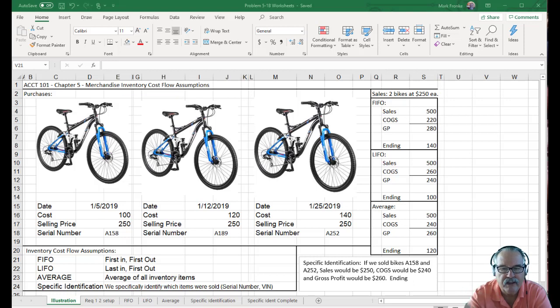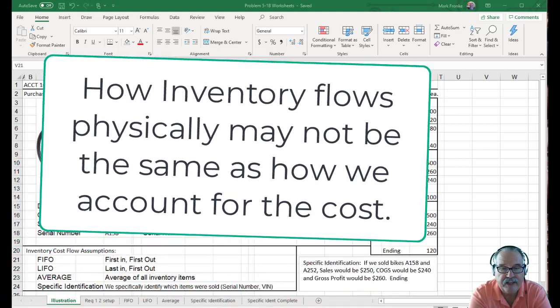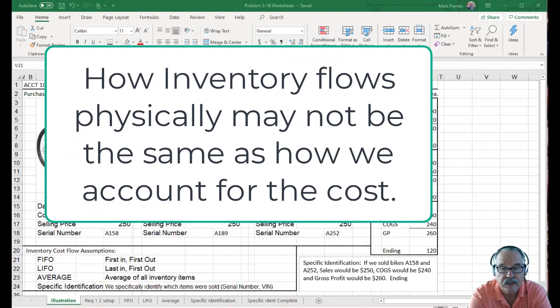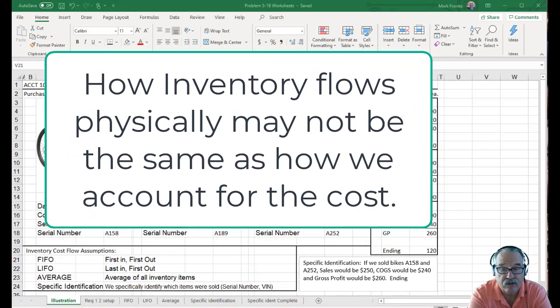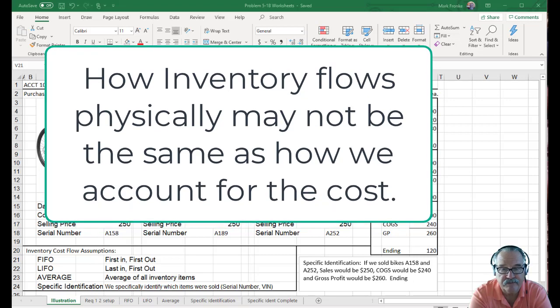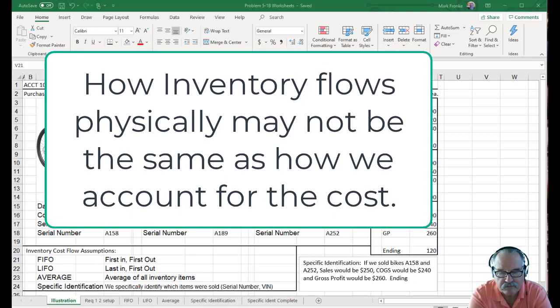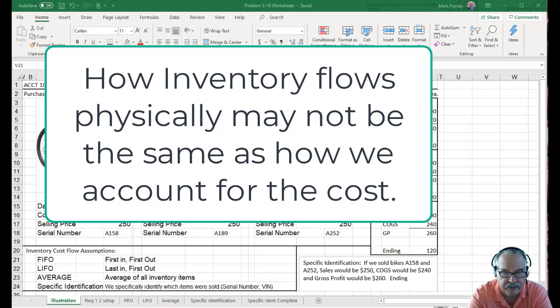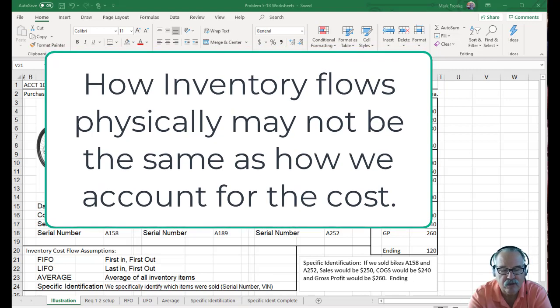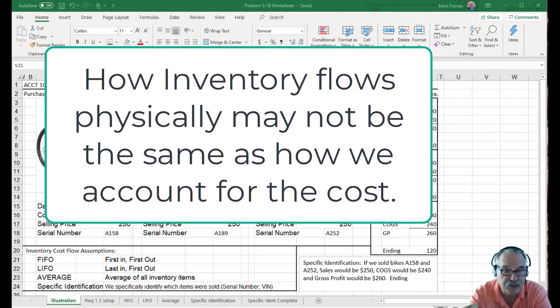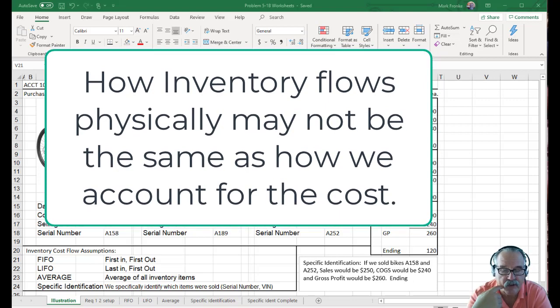So you want the oldest stuff to go out first, so that what's in stock is usually the newest stuff. That makes sense. And that's the way most companies do physical flow of their goods. Physical flow means that they are actually using a FIFO assumption where the oldest goods are sold first.